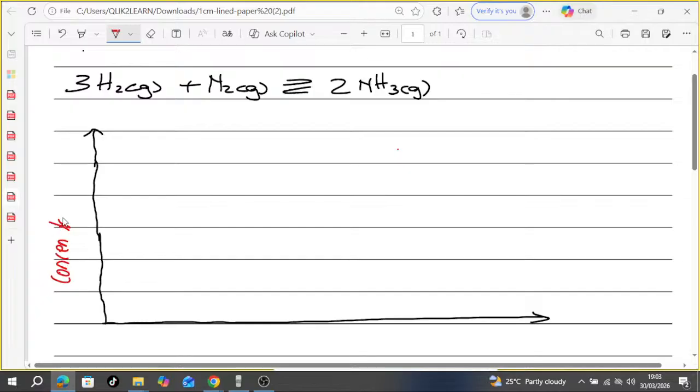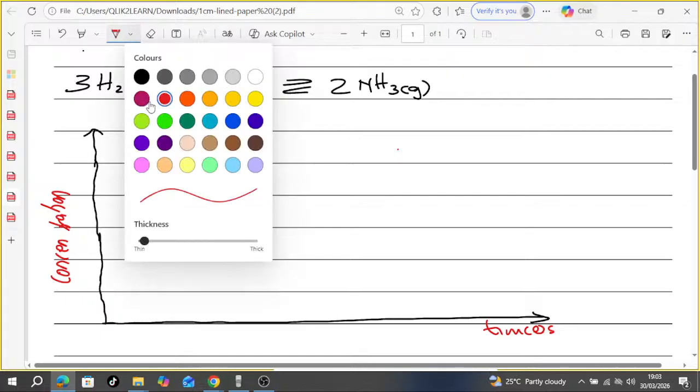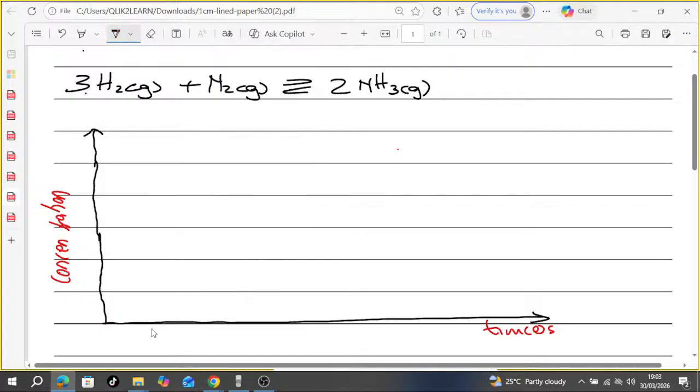So this is the concentration, and this should be the time in seconds. So it's always concentration in a rate graph. Yes. We start here, we go that side, and then up, then start increasing again.